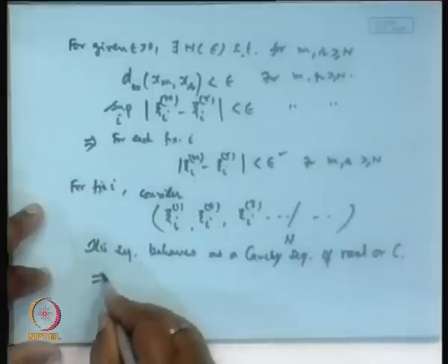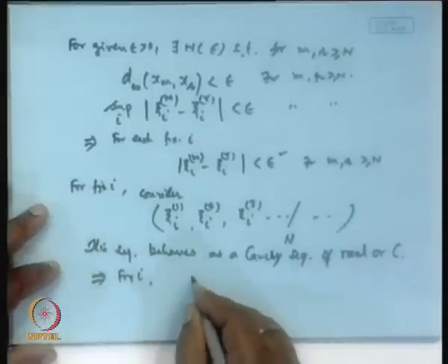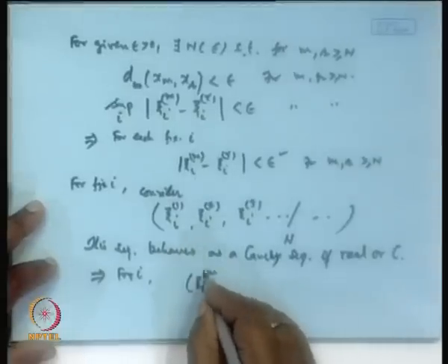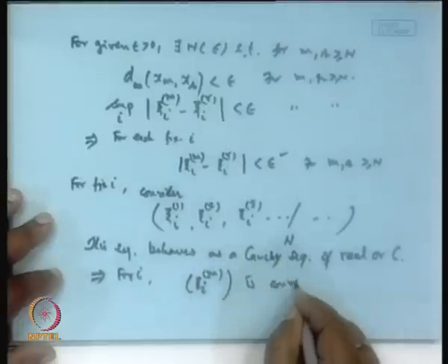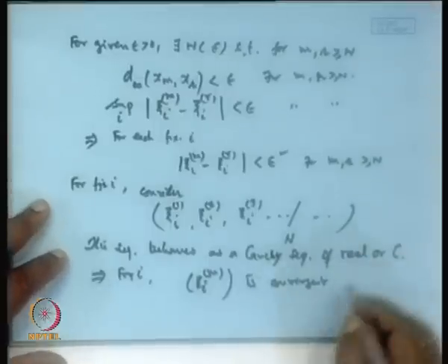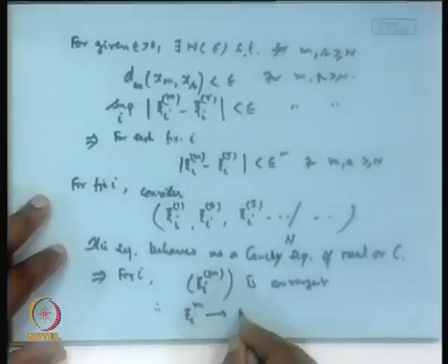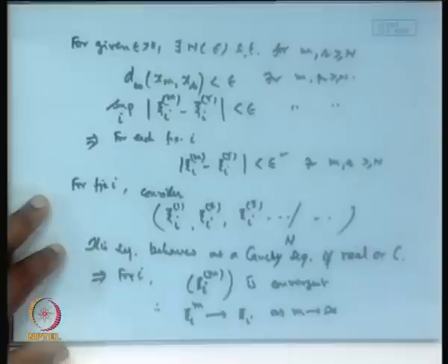So, this sequence xi i m for each i is a convergent one. Clear? Therefore, we can say xi i m tends to xi i as m tends to infinity.